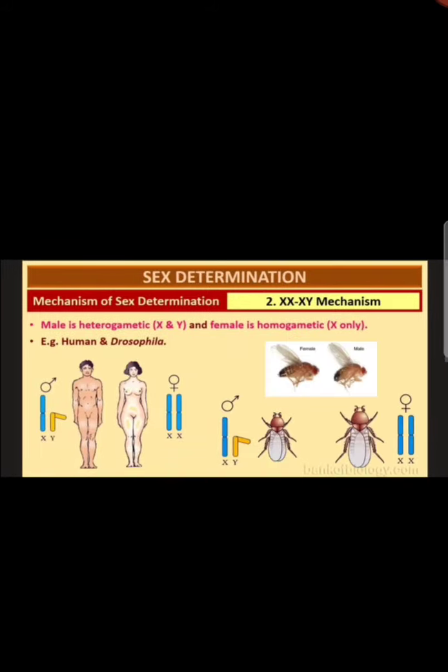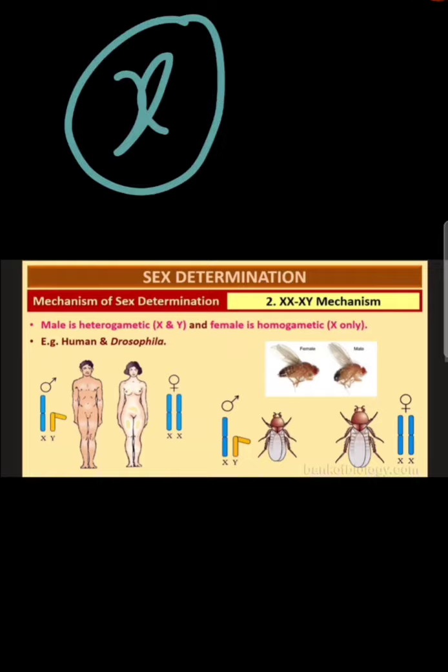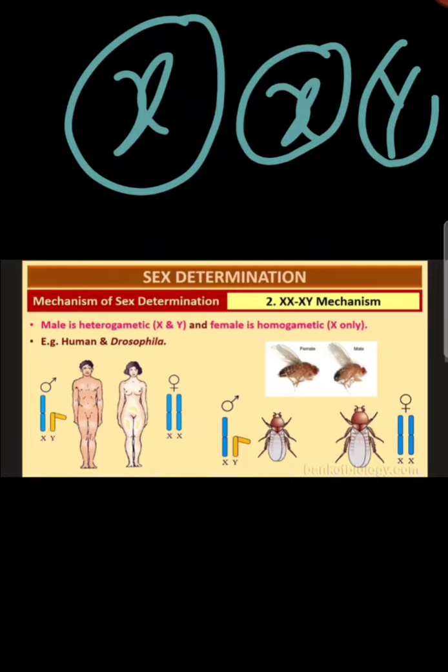Okay, so as you can see, all the X of the females will be X only, because both the chromosomes, allosomes are X only, and male will produce X or Y sperm.